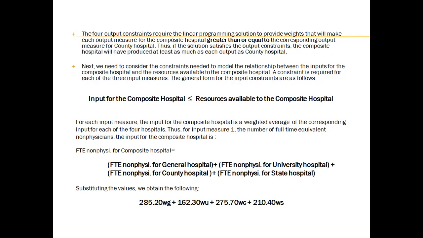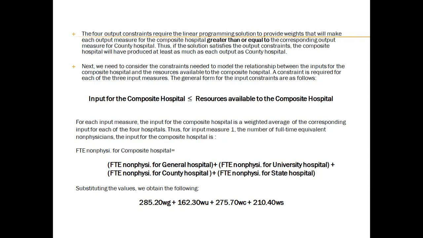Thus, for input measure 1, the number of full-time equivalent non-physicians, the FTE non-physicians for the composite hospital is equal to FTE non-physicians for general hospital plus FTE non-physicians for university hospital plus FTE non-physicians for county hospital.